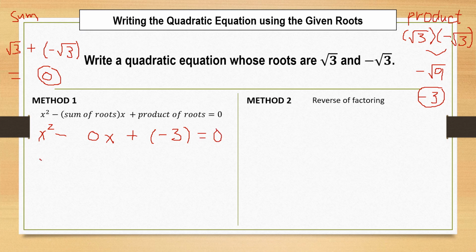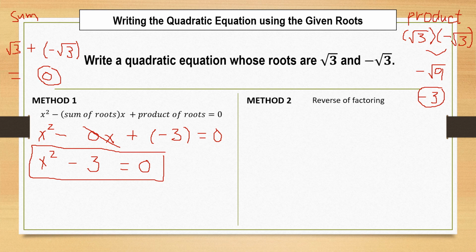Simplify. x squared, we will no longer write 0x because that is equal to 0. Plus negative 3 is equal to 0. So the quadratic equation is x squared minus 3 is equal to 0.